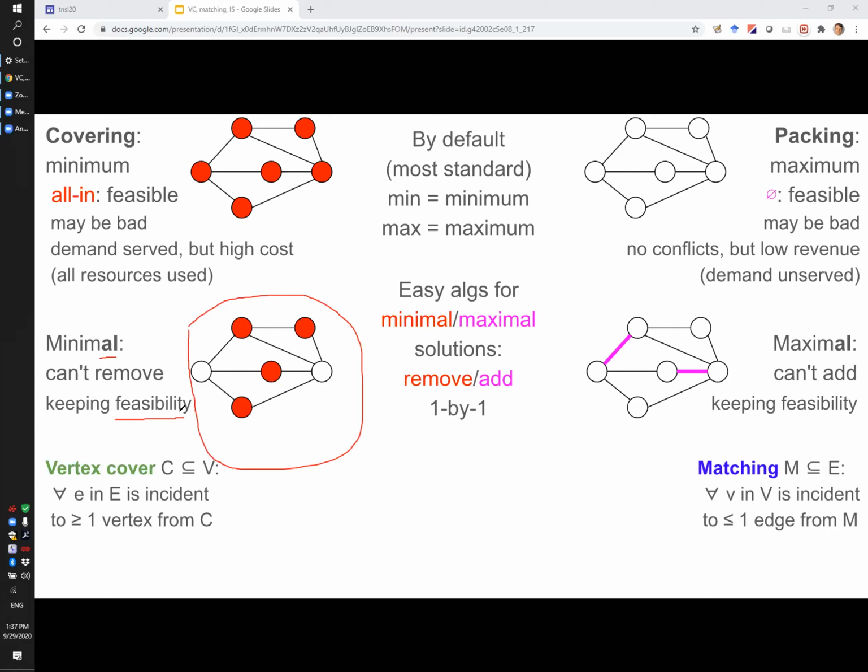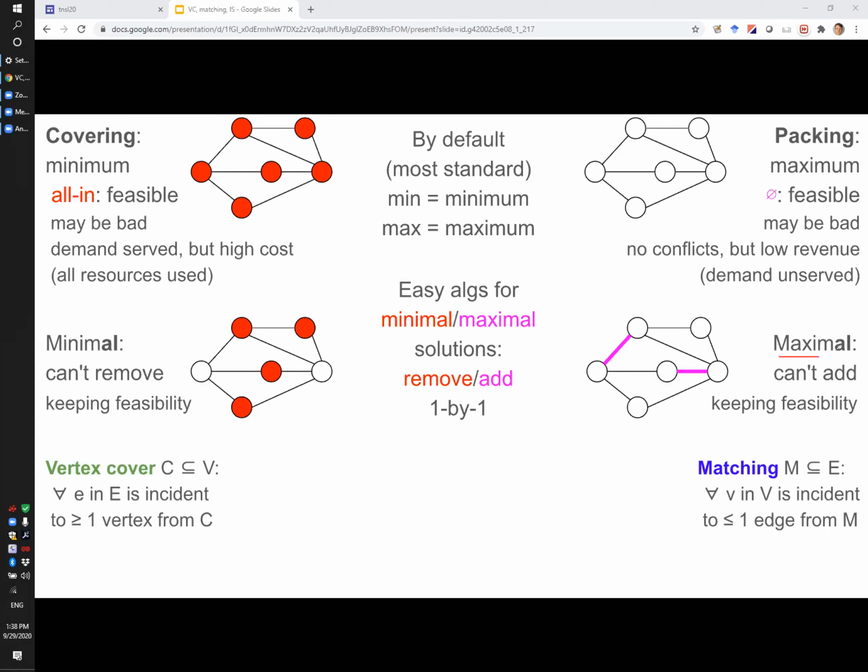Okay, so that's the notion of minimal. It's not necessarily minimum, because maybe in this graph there exists a vertex cover with fewer than 4 vertices, but nevertheless, even though this vertex cover is not minimum, it is minimal, because you cannot remove anything while still having a vertex cover.